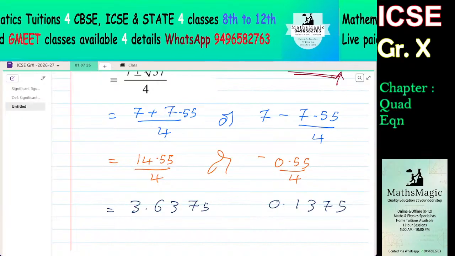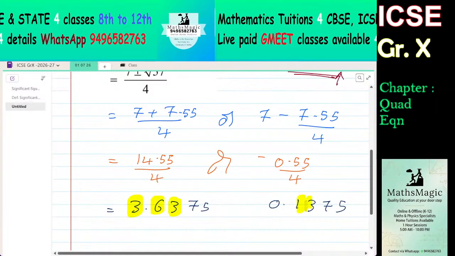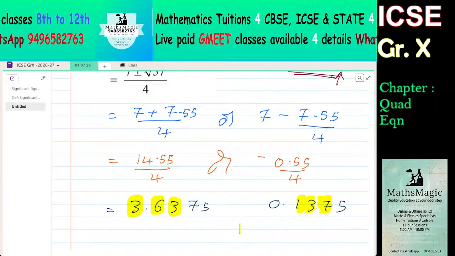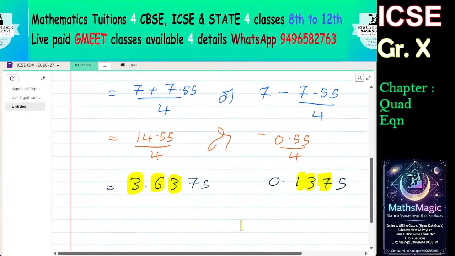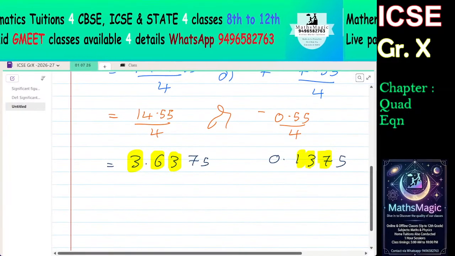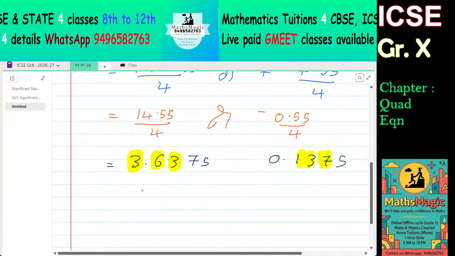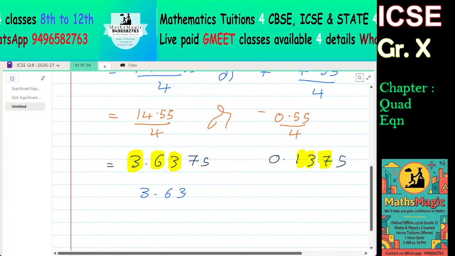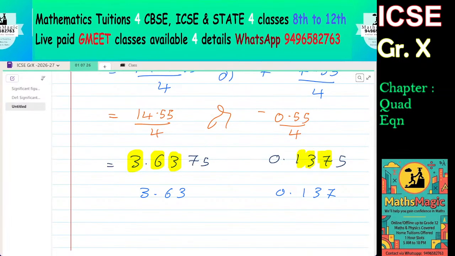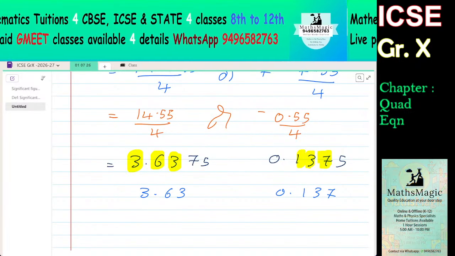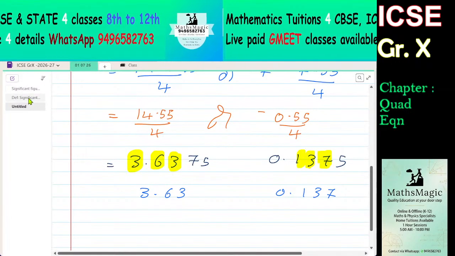So you need to consider only these three digits. And what happens mostly is these two answers will work. You can write this as 3.63 and 0.137. So we consider the significant digits.